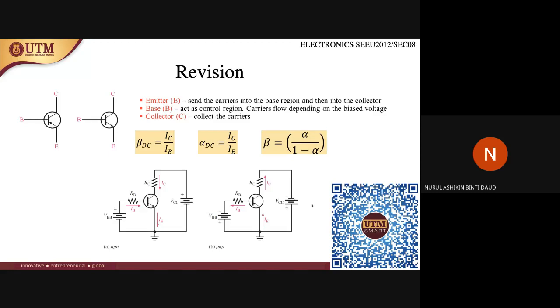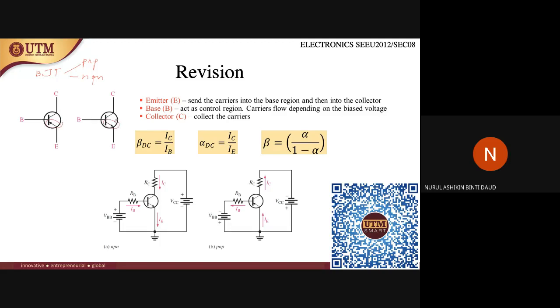This shows the two types of BJT. As I mentioned before, BJT has two types, PNP and NPN. To distinguish between these two types, you can look at the direction of the currents at the emitter.